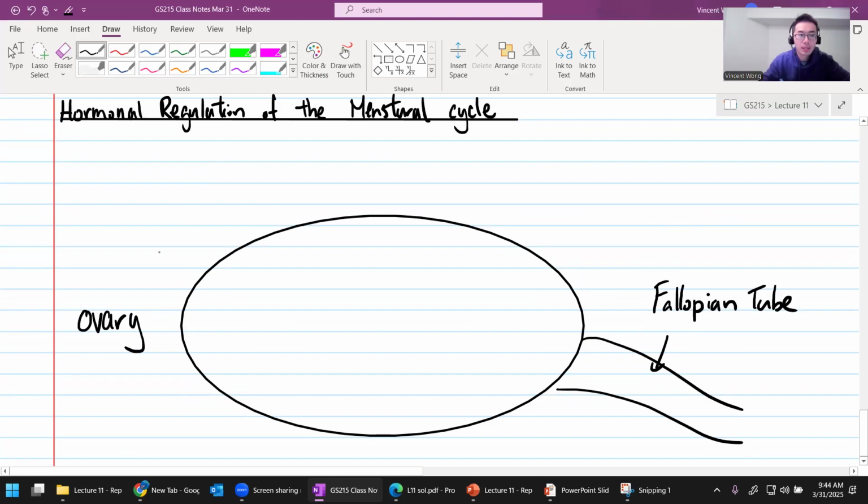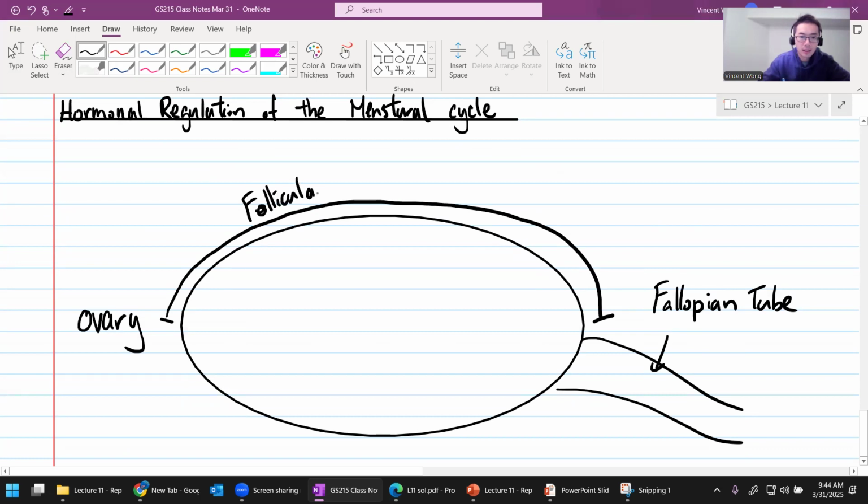During the first half of the cycle, it is called the follicular phase, which is day 1 to 14, assuming a 28-day cycle.